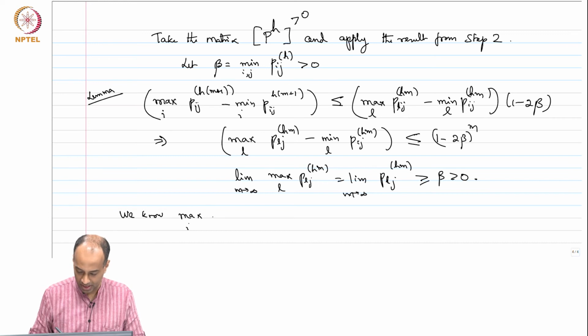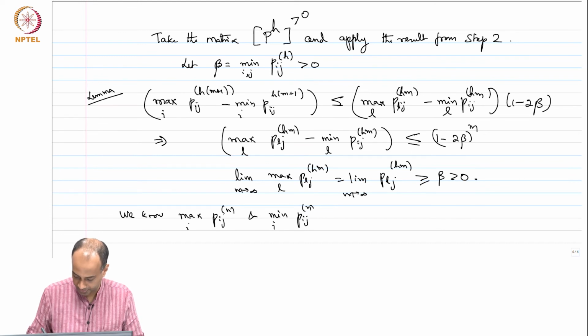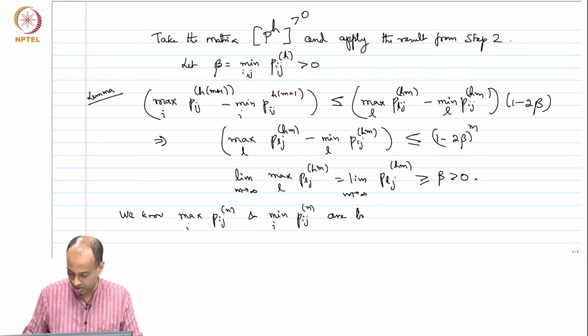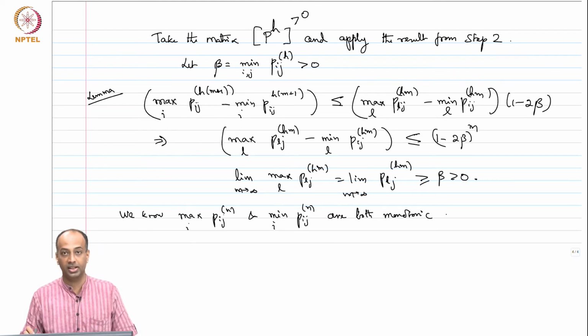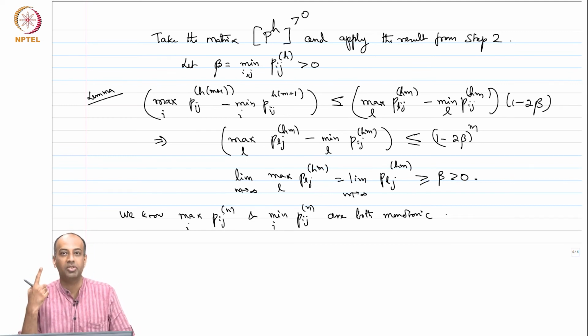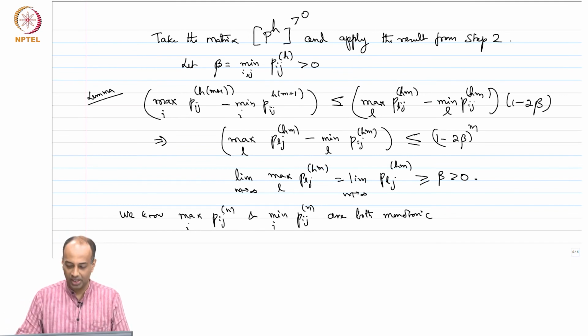But we know that the max over i of Pij^n and the min over i of Pij^n are both monotonic. Correct? They are both monotonic. This is the first step we proved, right? And therefore, these guys must have a limit as n tends to infinity. And that limit must be equal to the limit along the particular subsequence hn, right? So then your result follows, right?